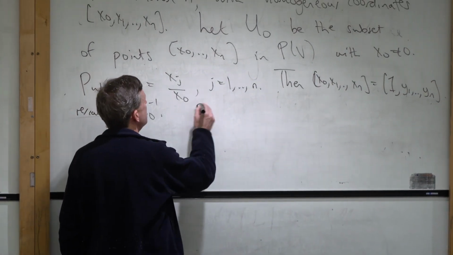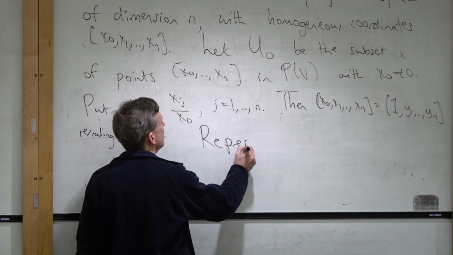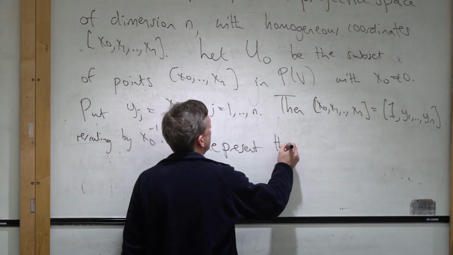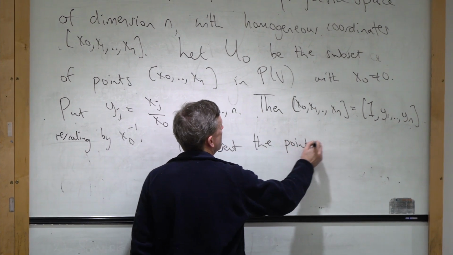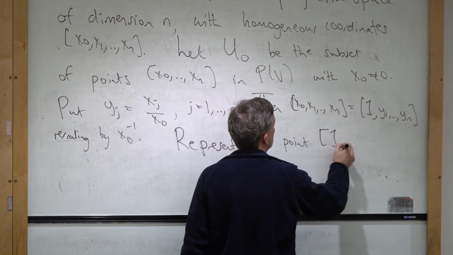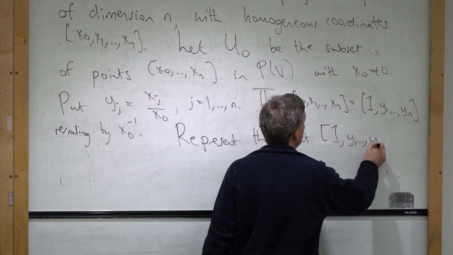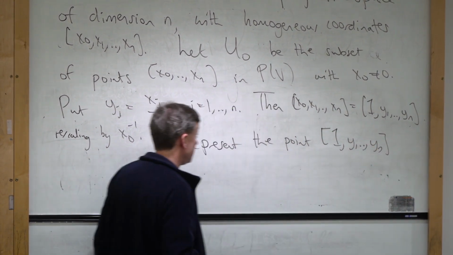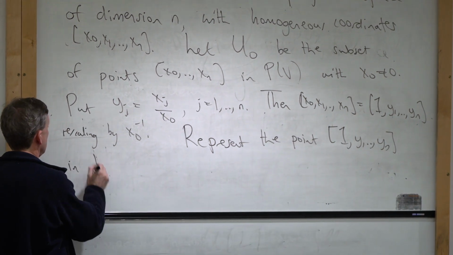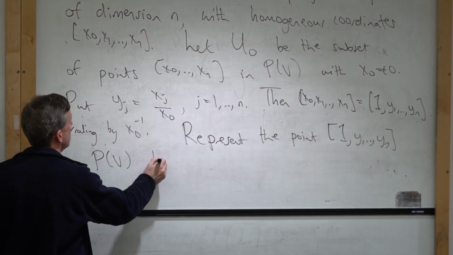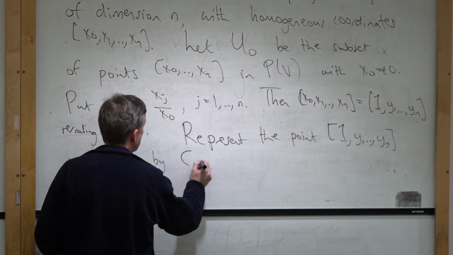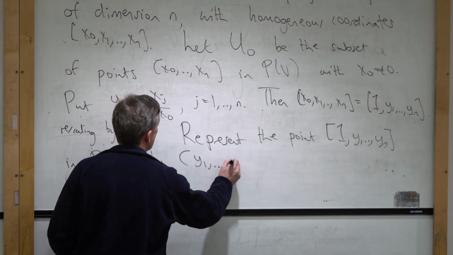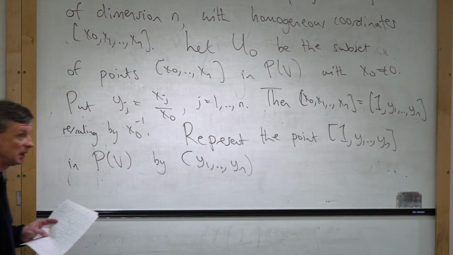So we represent the point [1, y1, ..., yn] in P of V by round brackets (y1, ..., yn) without the leading one.